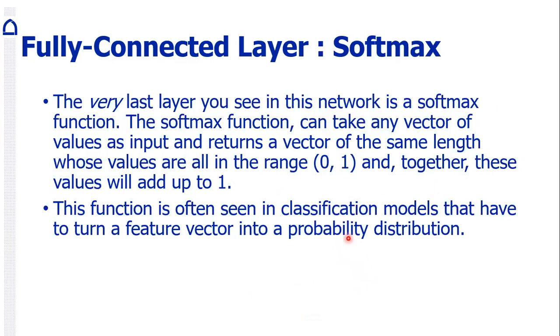So the main use of the softmax layer is to produce the output, the class label, as class scores. So we know the label with the highest probability is the class that we need. It's the correct class.